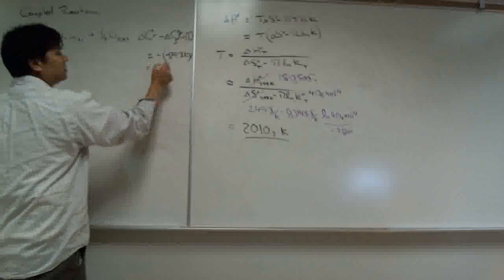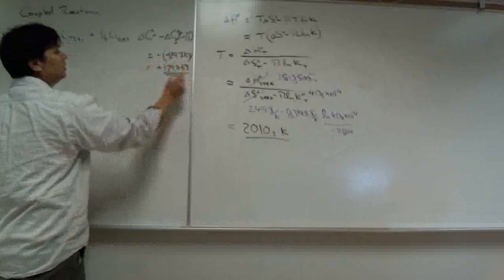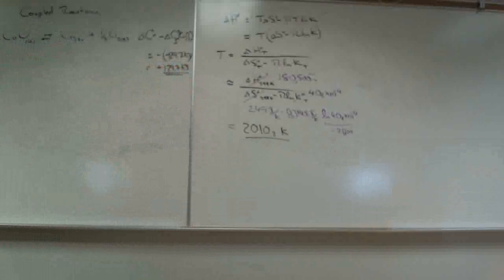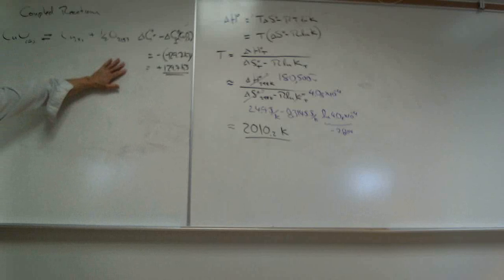It gives us a plus 129.7 kilojoules. What does that delta G tell you? Yeah, it's not spontaneous in the forward direction, highly non-spontaneous.